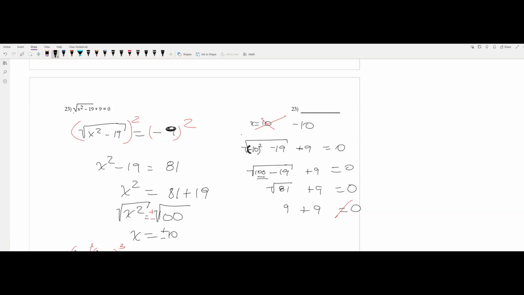And I'm going to get the same answer, 9 plus 9. It's not going to transform into a negative number. Negative 10 times negative 10 is 100, not negative 100. So here you got to be careful. And even if you had negative 100, then you would have negative 100 minus 19. It's not going to pan out to be 0 anyway.